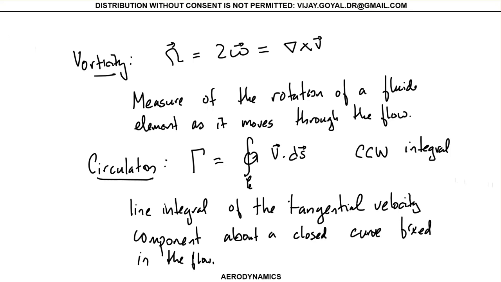So there are a couple of things that we can relate one to the other. What we could do is use Stokes theorem, and this comes from your calculus classes. Stokes theorem basically states the following.